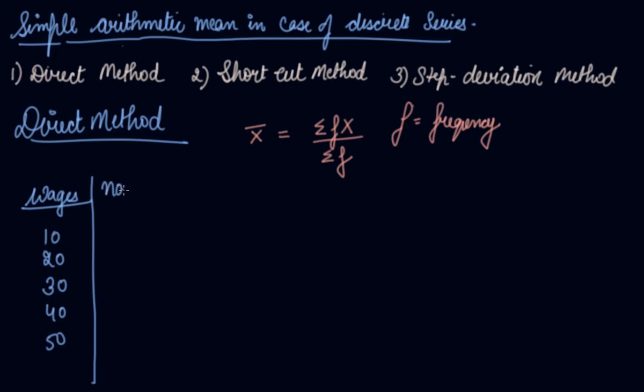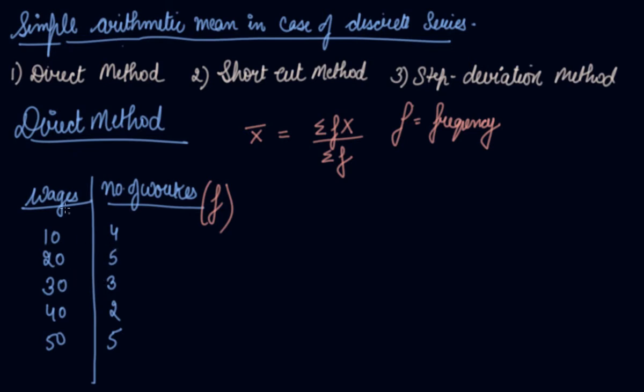Number of workers are given to you: 4, 5, 3, 2, 5. Number of workers are given in numbers, which means it's the frequency. The wage of rupees 10 is for 4 workers, rupees 20 for 5 workers, rupees 30 for 3 workers.